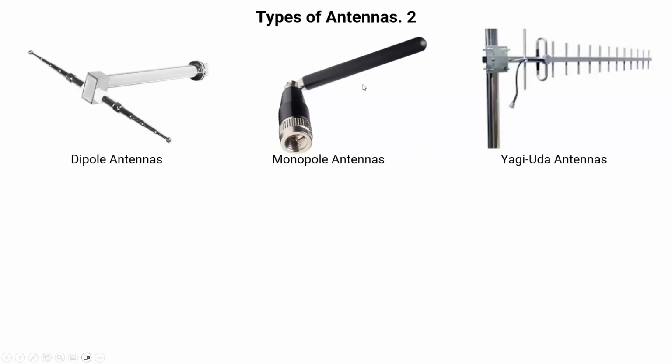All right, another type of antenna, a more directive antenna, is called Yagi-Uda or Yagi antenna. In this case, we have an active dipole element here, and then a number of directors, which are passive elements, and one or several reflectors.